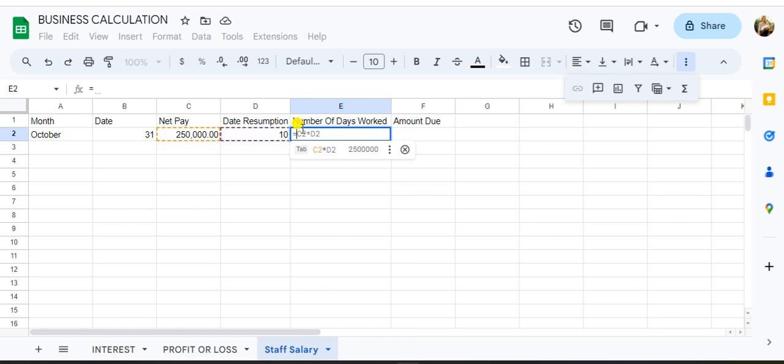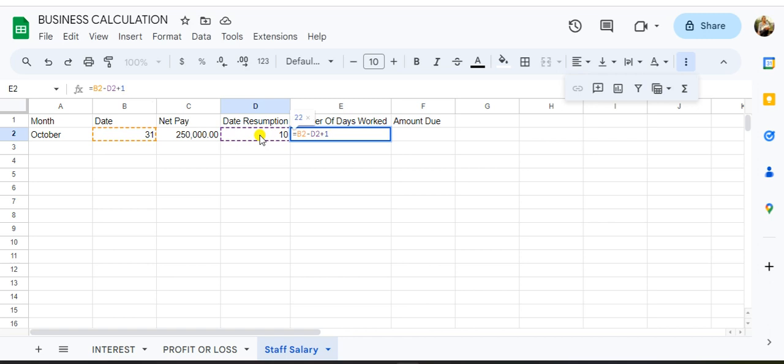So how we calculate this, we are going to say, okay, October has 31 days. You minus the 10th day the person resumed from the 31 days. So the standard formula is you will add +1.